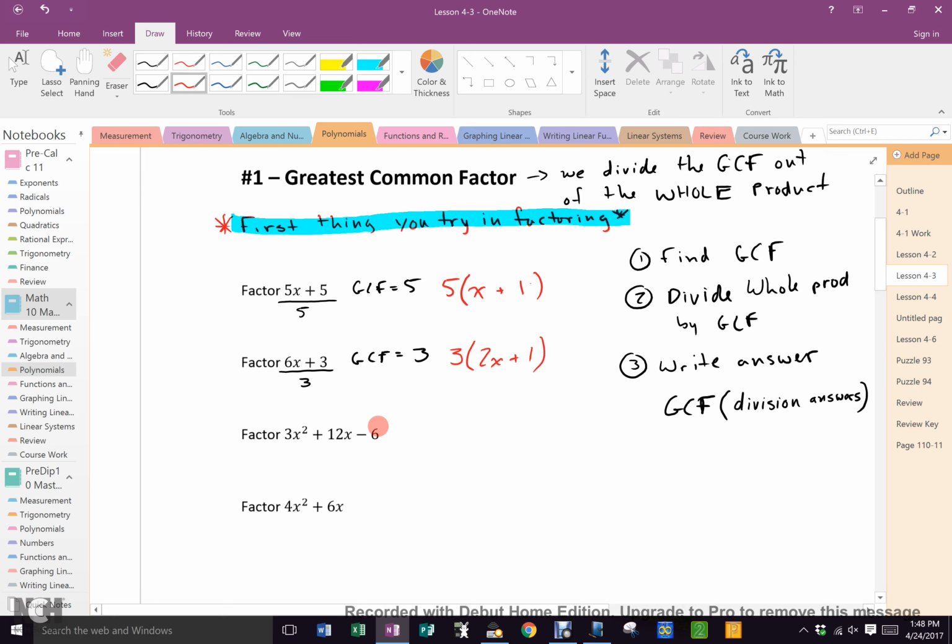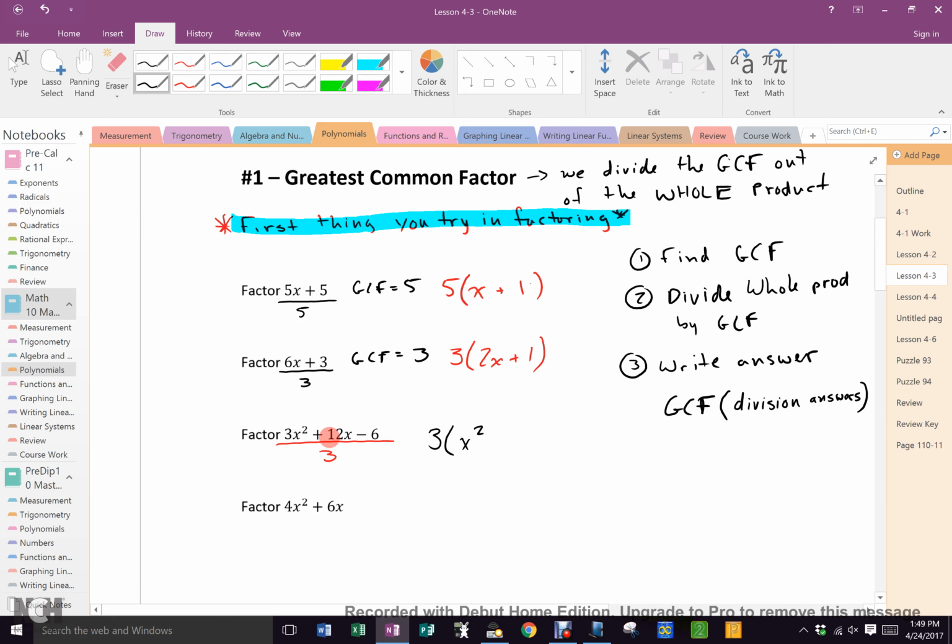What's the GCF? How do you know it's 3? Because 3 divides into 3, 3 divides into 12, 3 divides into 6, correct? So the whole thing is going to divide by 3, yes? And then I rewrite what goes on the outside of the brackets. 3, what goes inside the brackets. All the answers. What's 3x squared divided by 3?